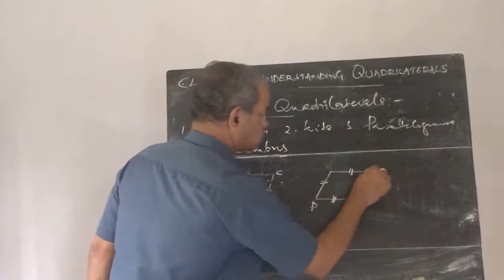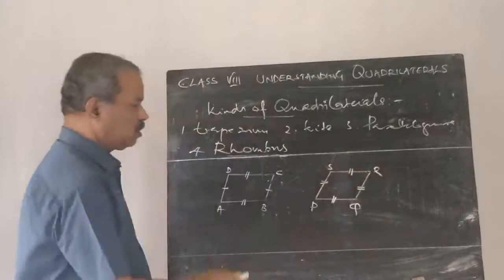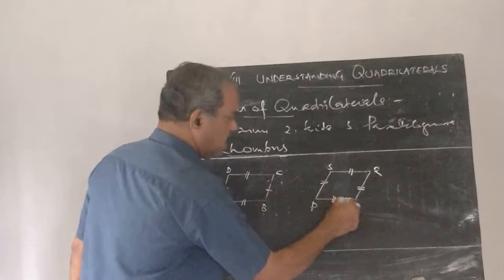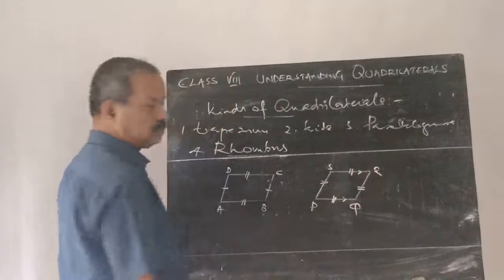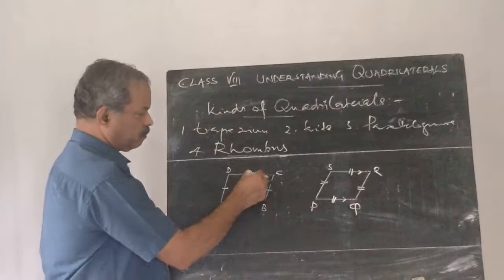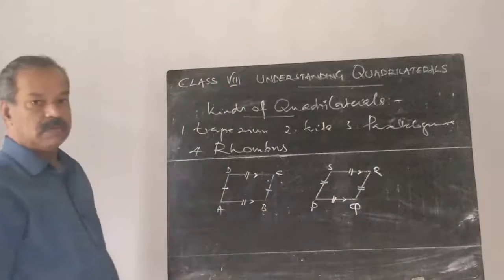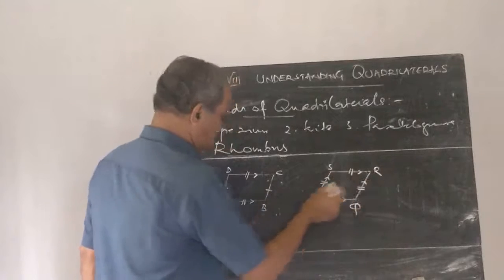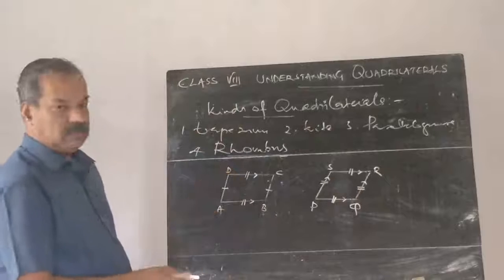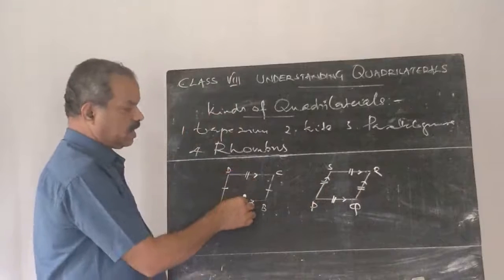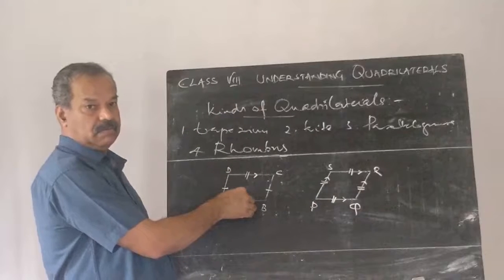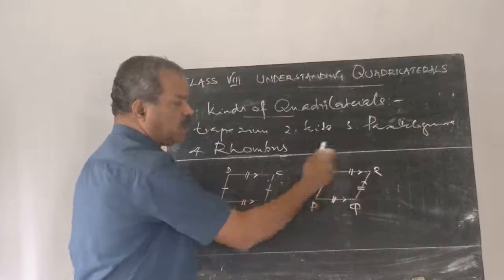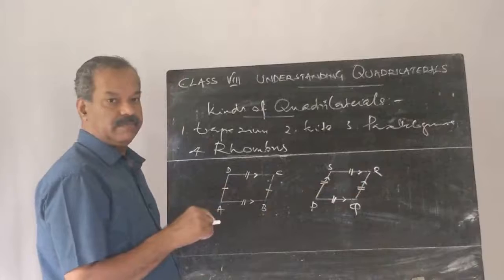PQRS, opposite sides are parallel and equal. Here also, another pair in a parallelogram, opposite sides are parallel and equal. In this figure, PQRS, it is also a quadrilateral.